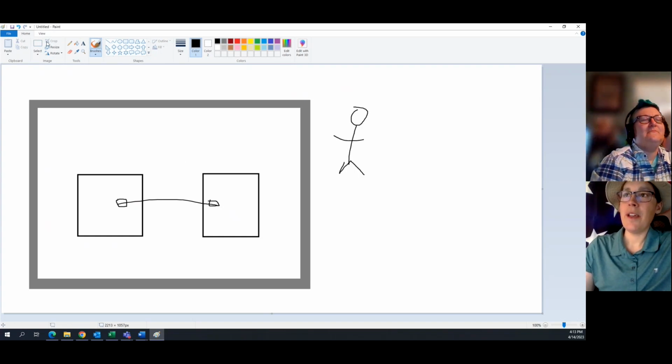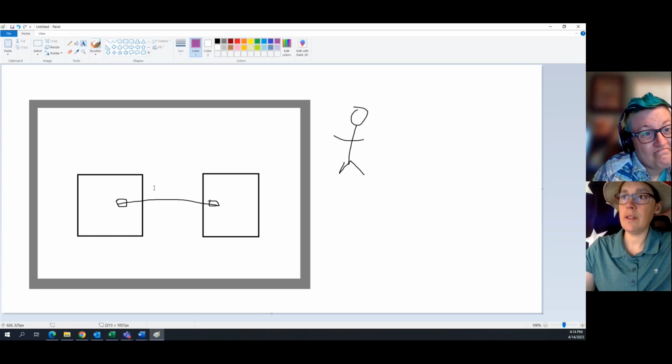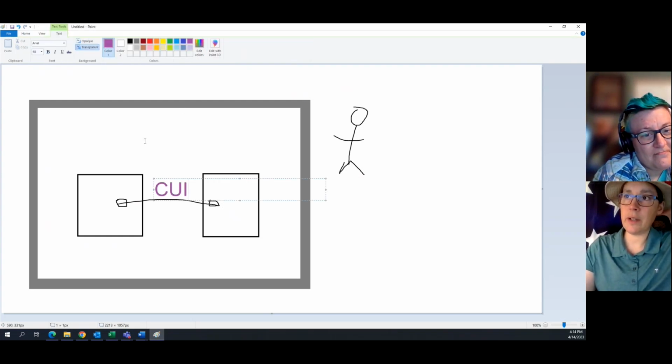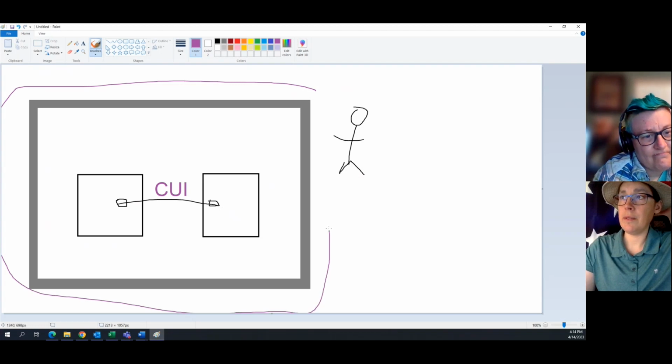We do not need cryptography to protect the CUI. So even if there is CUI going between these two computers, because it is physically protected. That could be a fence.